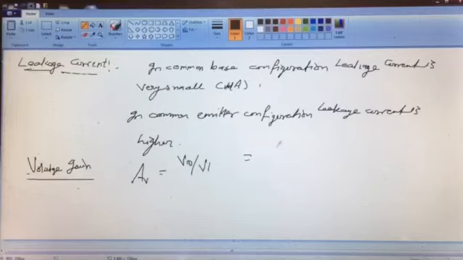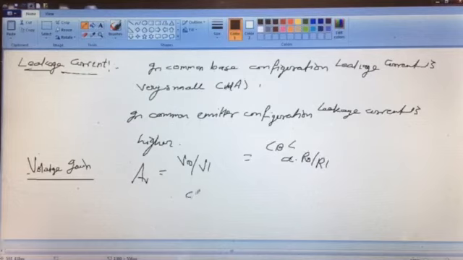Here it can be written as output voltage equal to I output into R output upon I input into R input. So the ratio will be alpha into R output upon R input.